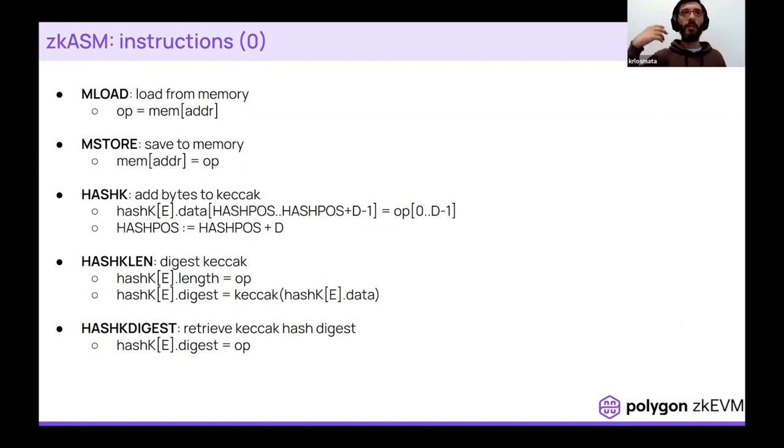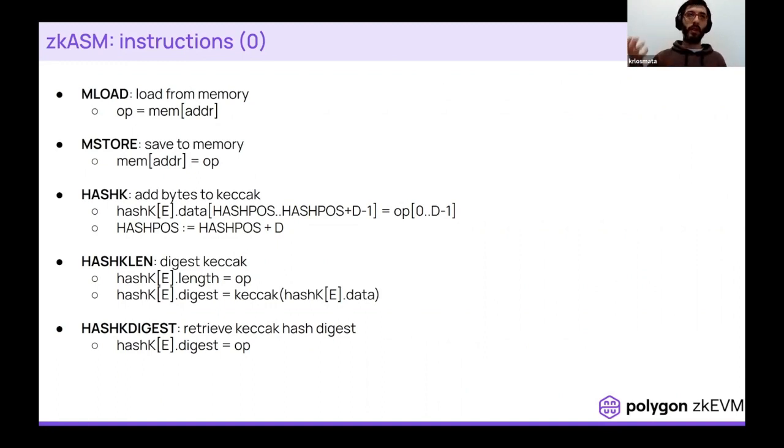So for example, in the mload, what we are doing is loading any value that we want into this up through the free in, but there is a state machine, which is the memory, that ensures that this value belongs to this address of the memory. Okay, and this happens with all the free ins that we are using. We can put whatever we want, but also we check what this value is.